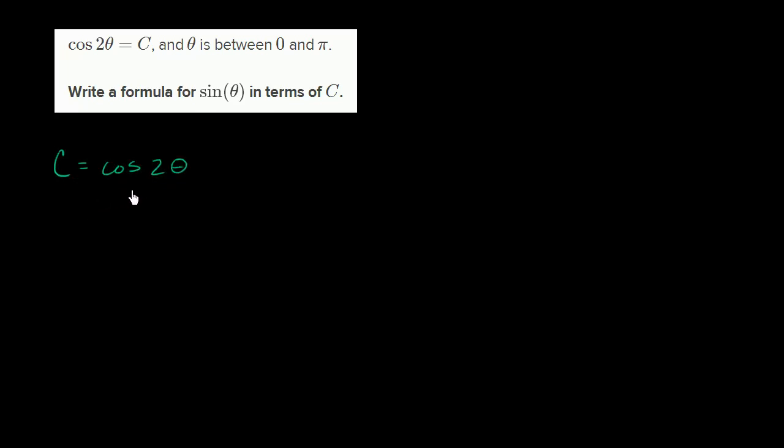Now, using my knowledge of angle addition formulas, we know, for example, that cosine of alpha plus beta is equal to cosine alpha cosine beta minus sine alpha sine beta.